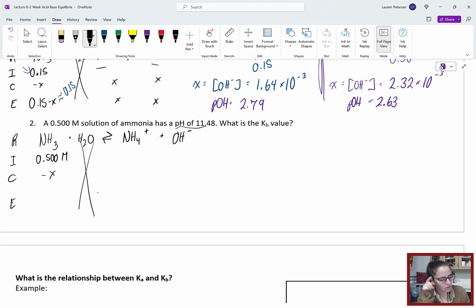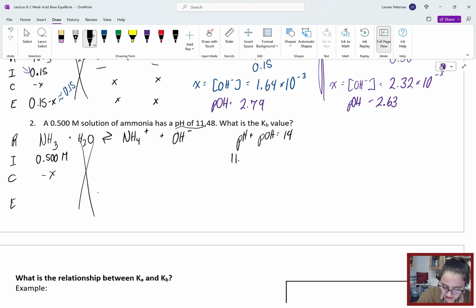So what can that pH value tell us? Well, it can tell us the concentration of OH minus. The pH plus the pOH has to add up to 14. A lot of different ways you could have figured this out.